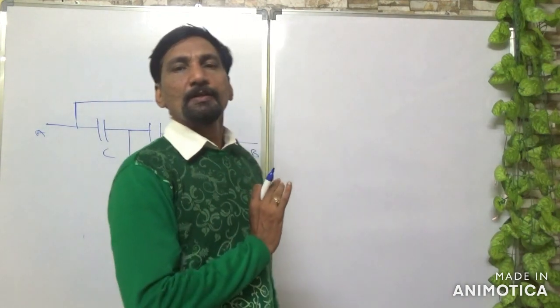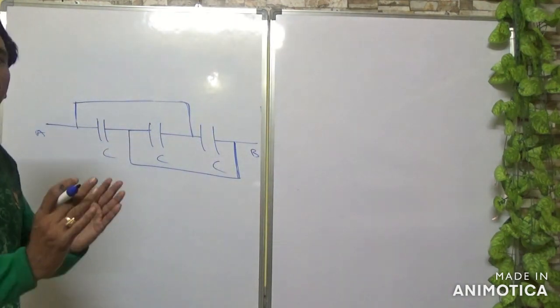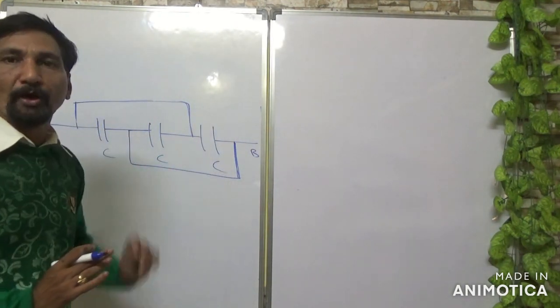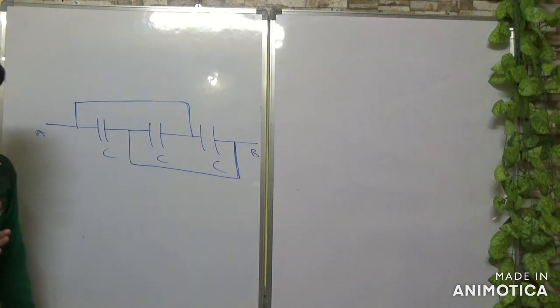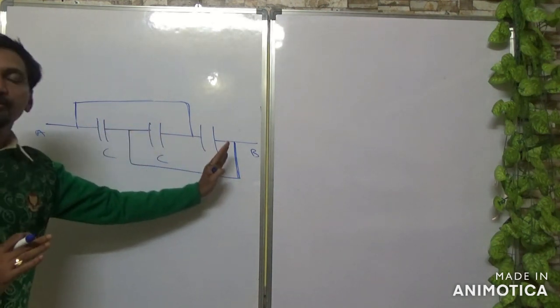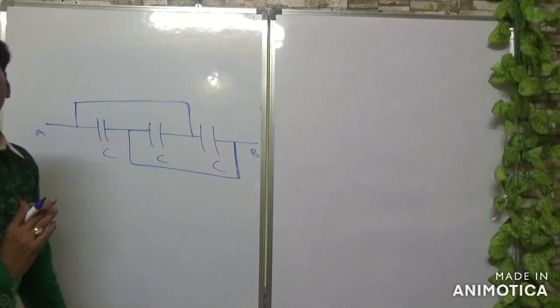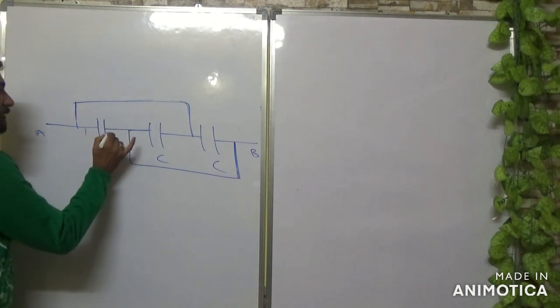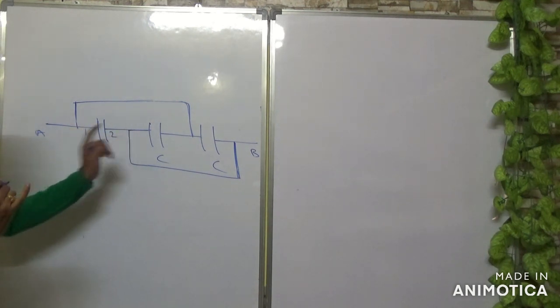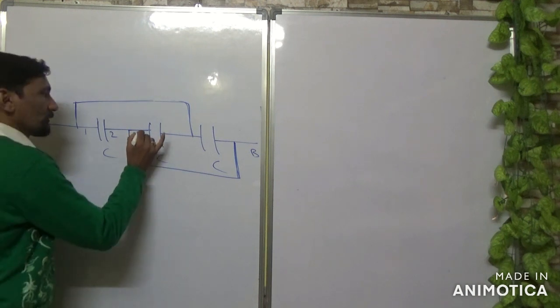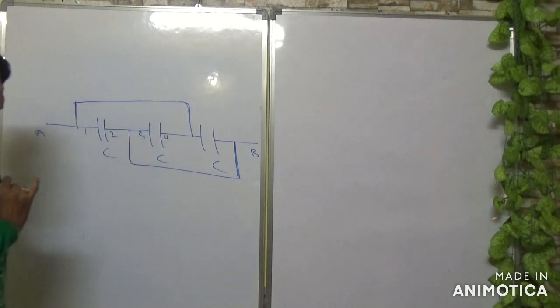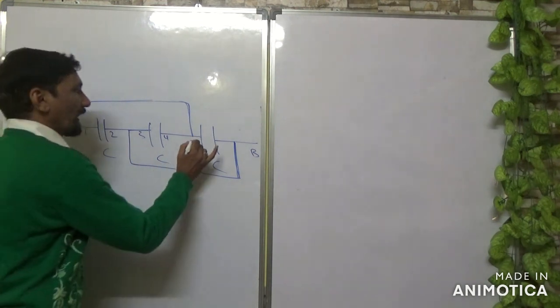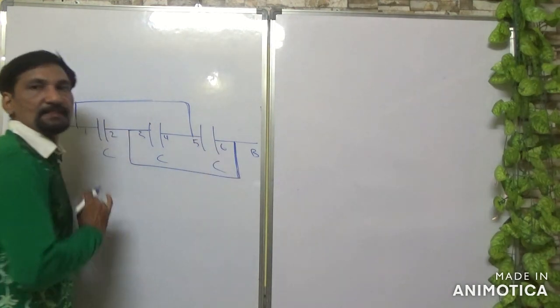Very simple. You give numbers to the endpoints of the capacitors. Over here, how many capacitors are given? 3, right? So 1, 2 are the endpoints of the first capacitor, 3, 4, okay, 5, 6.